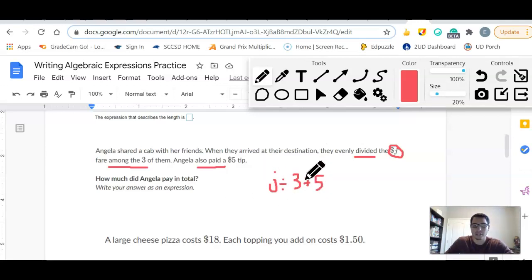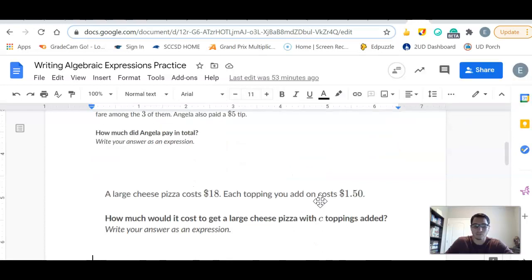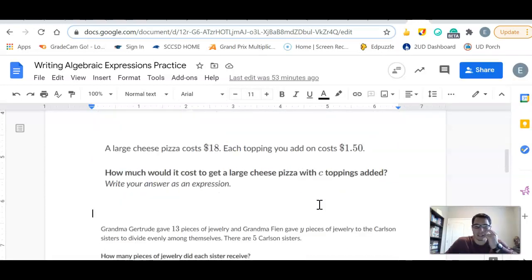The total cost divided by how much each person would pay, plus the $5. That is your algebraic expression for this one. Okay, why don't you go ahead and give this problem a try on your own.